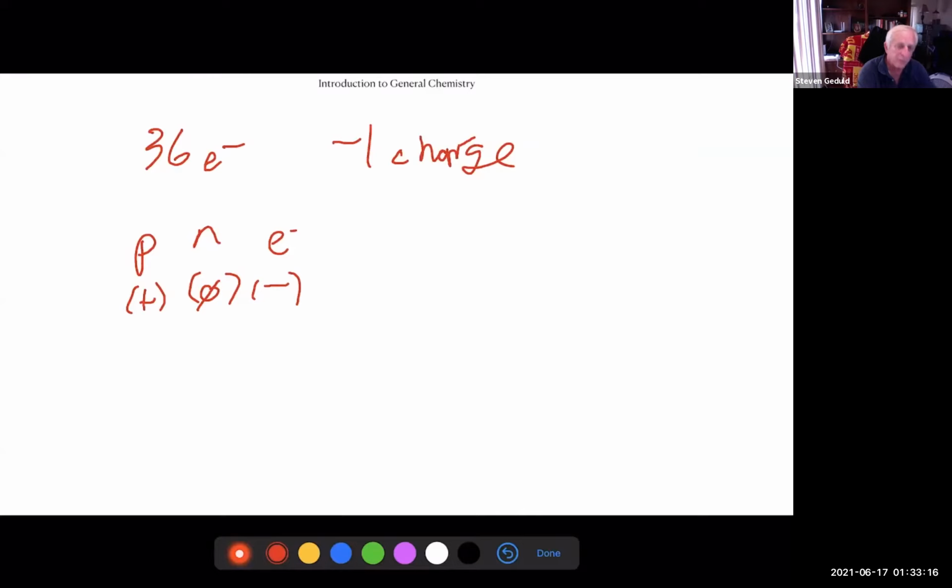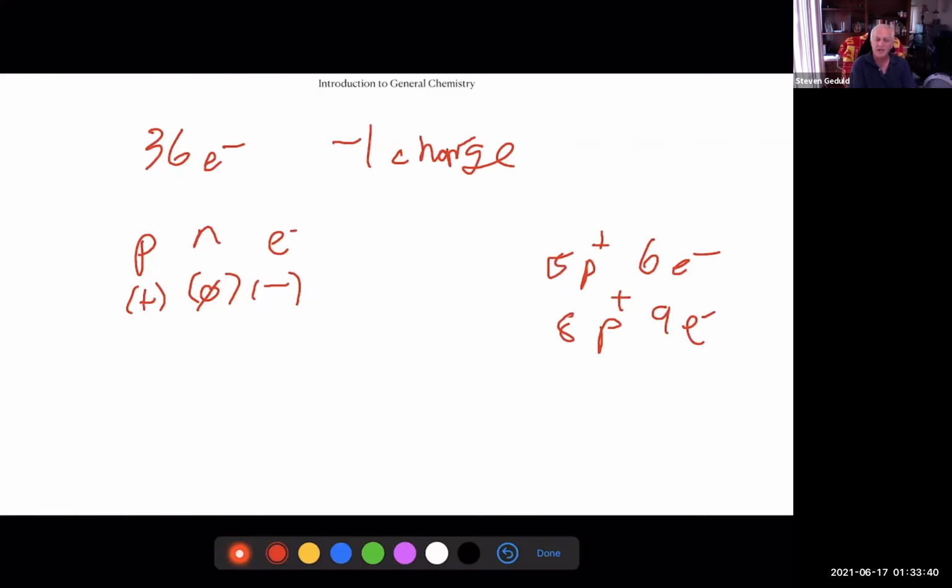So for an ion to have a -1 charge, it means it has 1 electron more than the number of protons. So if it's 5 protons, there's 6 electrons. If there's 8 protons, there's 9 electrons. That will give you a -1 charge because protons are positive and electrons are negative.